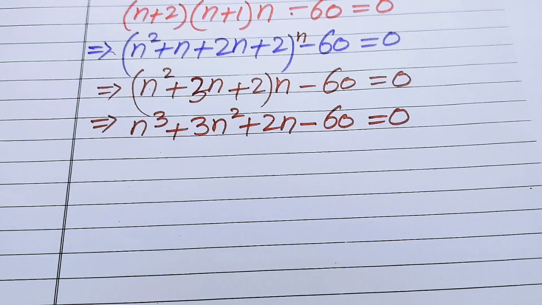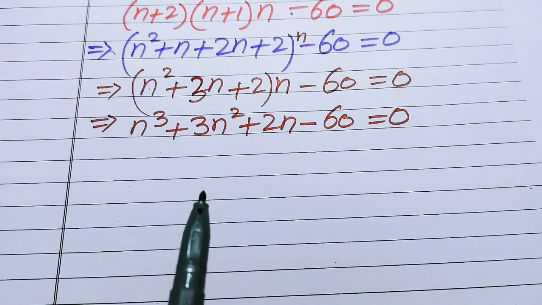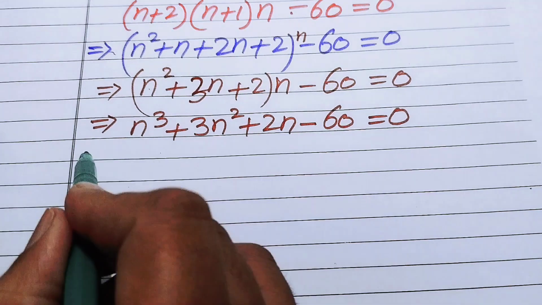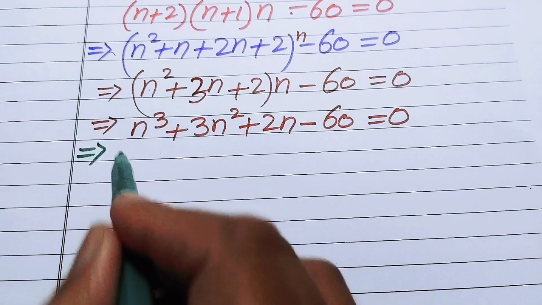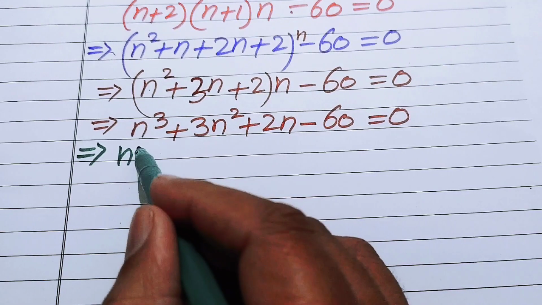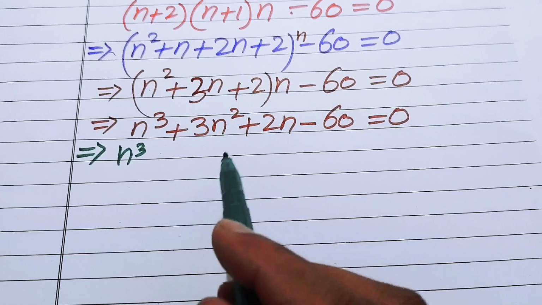Now we can make the factors of this equation. In order to find the factors, I need to add or subtract some terms.